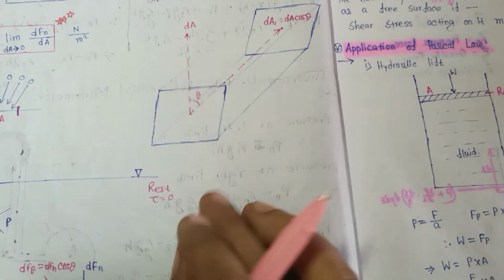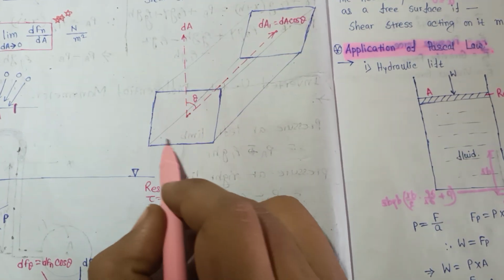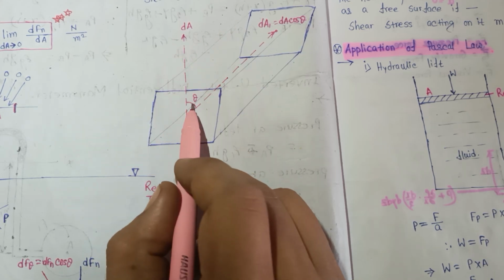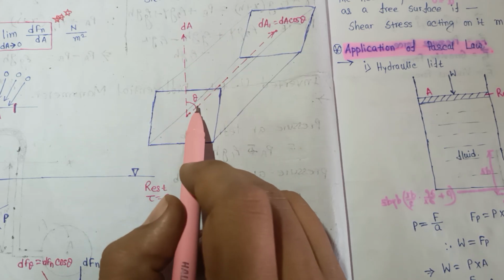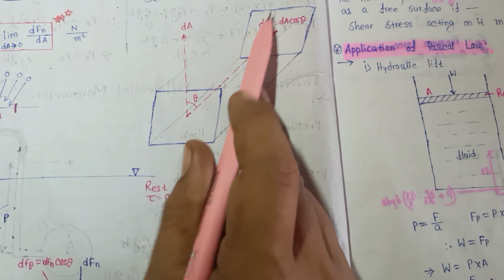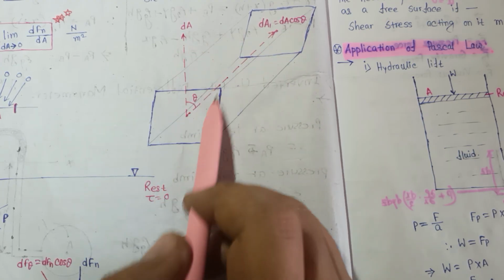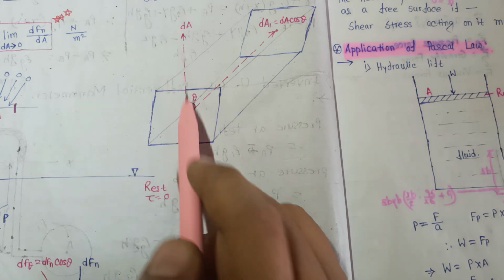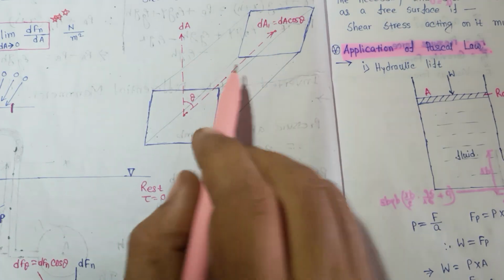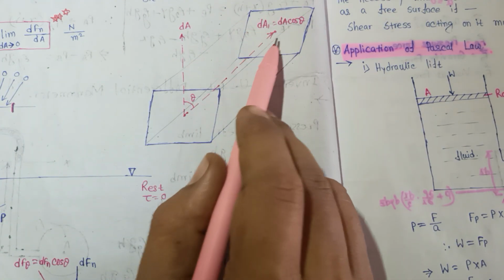Now consider this area, a small elemental area dA, and here there is an angle theta. If you want to calculate the area of this surface, it will be dA1, that is dA cos theta. dA is the surface normal to this, so the new area dA1 equals dA cos theta.